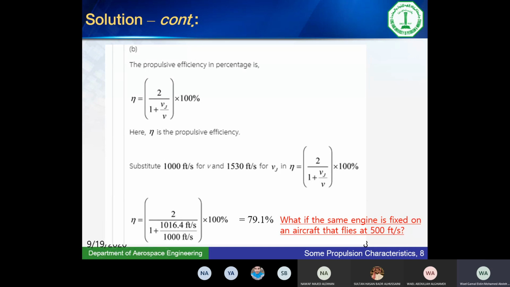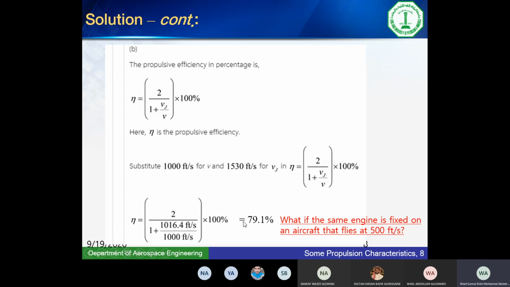Now that brings us to the discussion that we had last time, when to use a jet engine, turbojet, when to use turbofan, when to use turboprop, and when to use a piston engine or reciprocating engine with a propeller. We said we use the appropriate one for each flight regime. Turbojets are okay when the speed is very high.